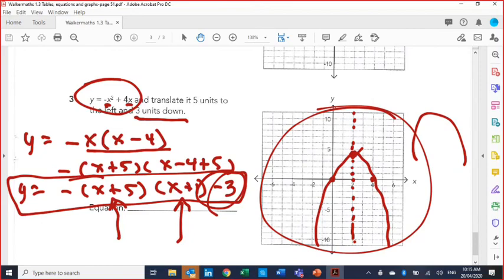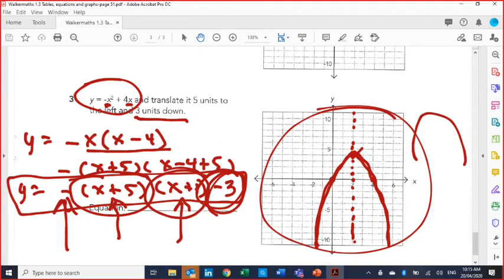Okay? Now, again, once you get a new equation, you're changing the whole equation, so you're going to get new intercepts and a new vertex, right? So you'll have the same shape of graph, so it won't get any wider or narrower because our A didn't change, right? It's still negative 1, but your intercepts are going to be in different places because you're moving the graph.